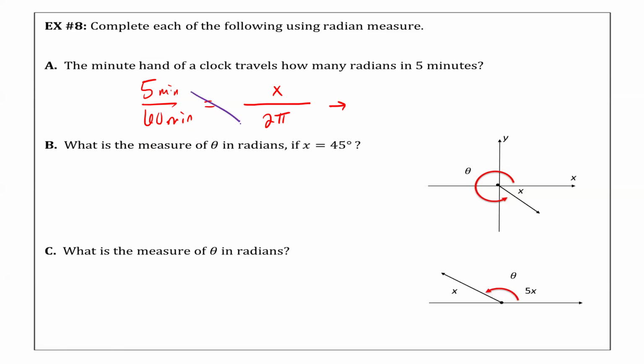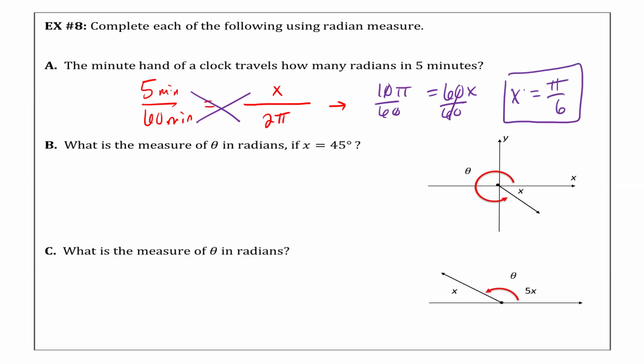We have 5 times 2 pi equals 60x. What do I need to do to get x by itself? Divide by 60. And what do we get? We get pi over 6. So the equivalency would be pi over 6.